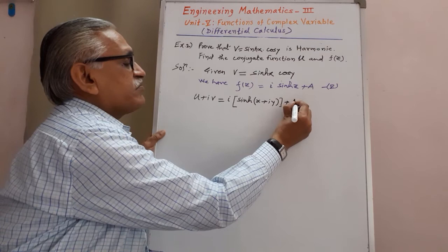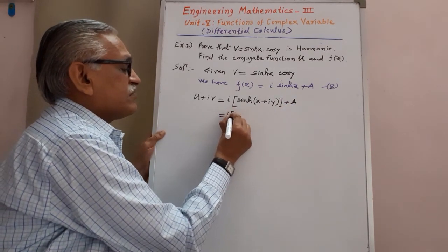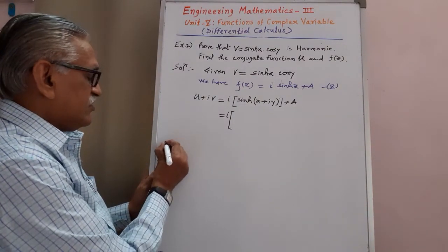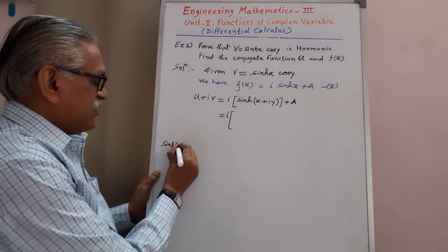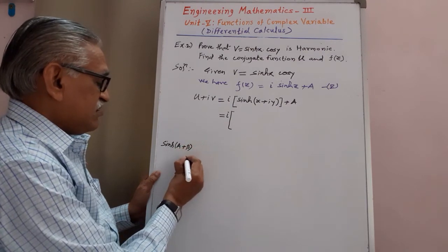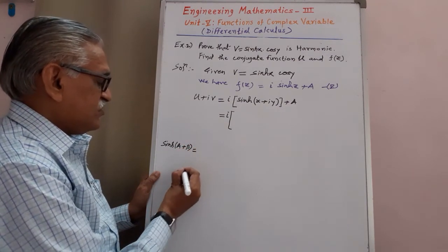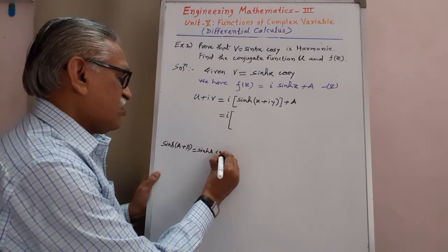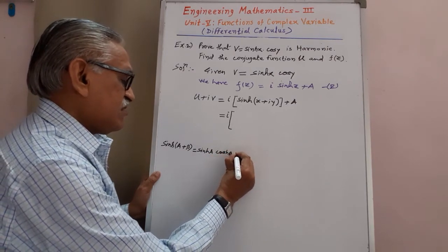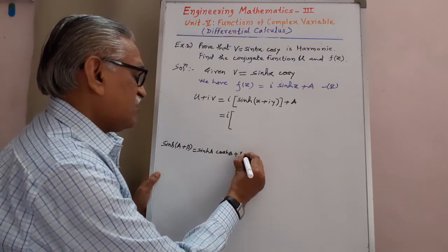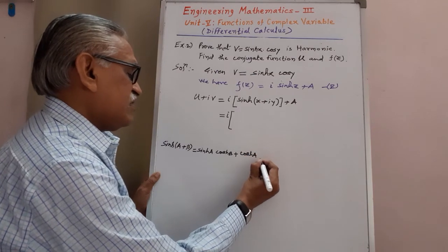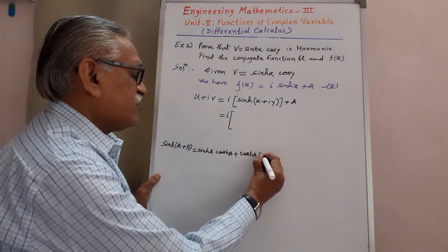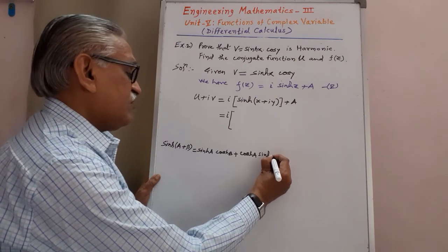and plus constant a. It equals i times, we expand sin hyperbolic of a plus b, which equals sin hyperbolic a cos hyperbolic b plus cos hyperbolic a into sin hyperbolic b.